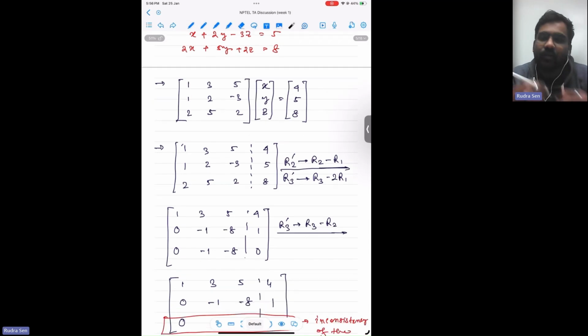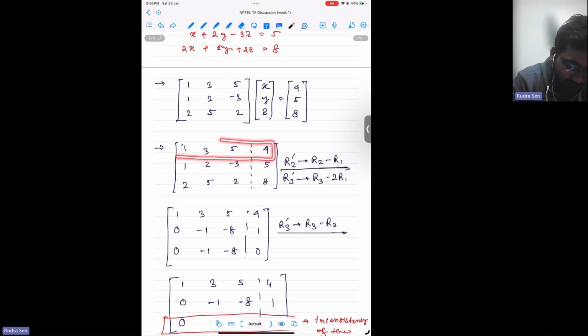Okay. So now we do the row elimination method. As we can see here, the first row of this augmented matrix is all non-zero.